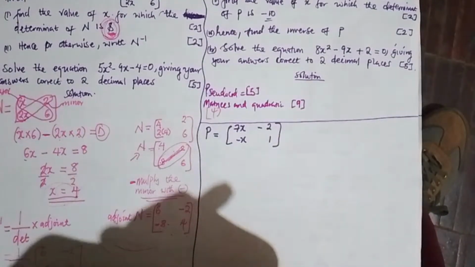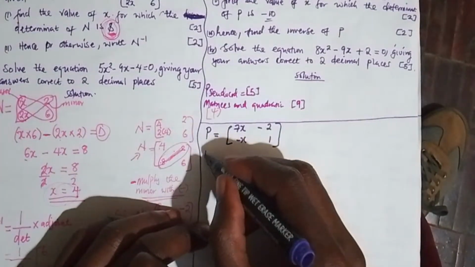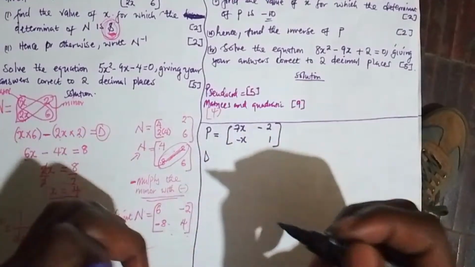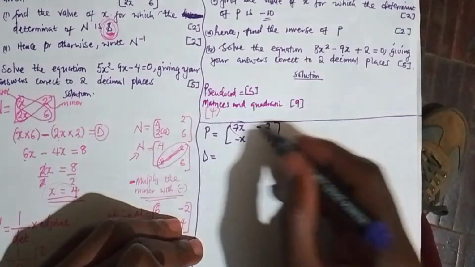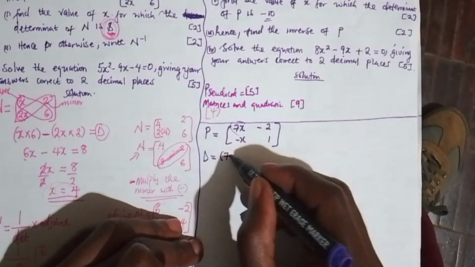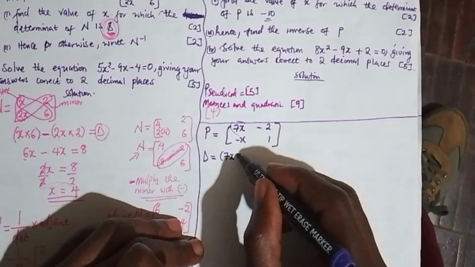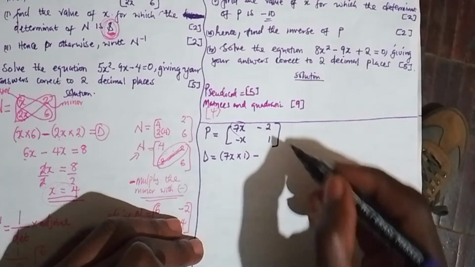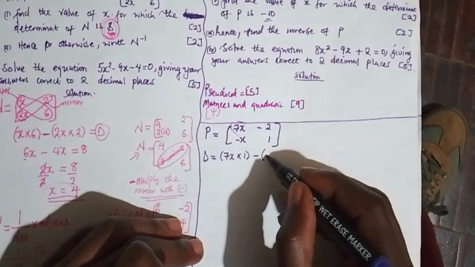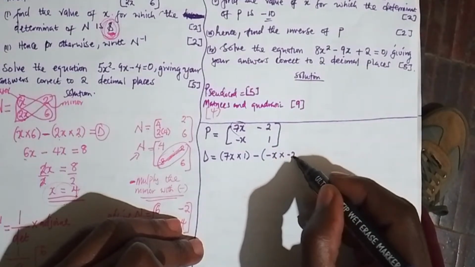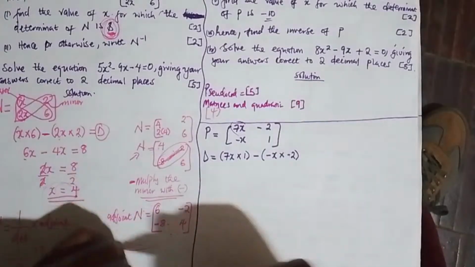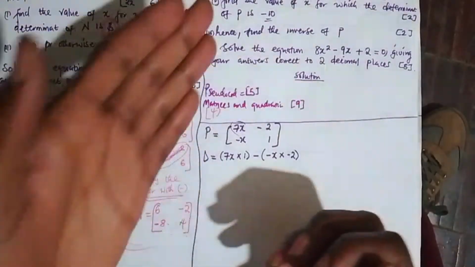So what I told you, we said that the way we calculate the determinant is multiplying the major diagonal. So we are going to say 7x times 1 minus the minor diagonal, which is negative x times negative 2. Then you go back to the question. What is our determinant?